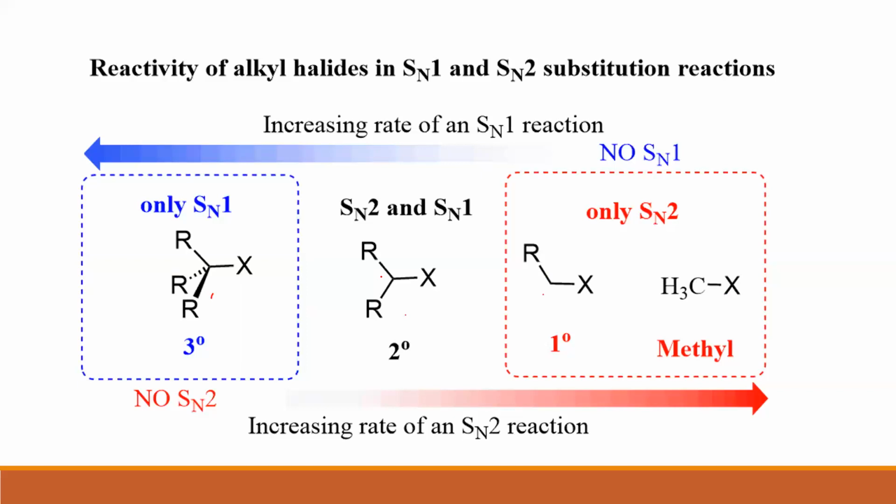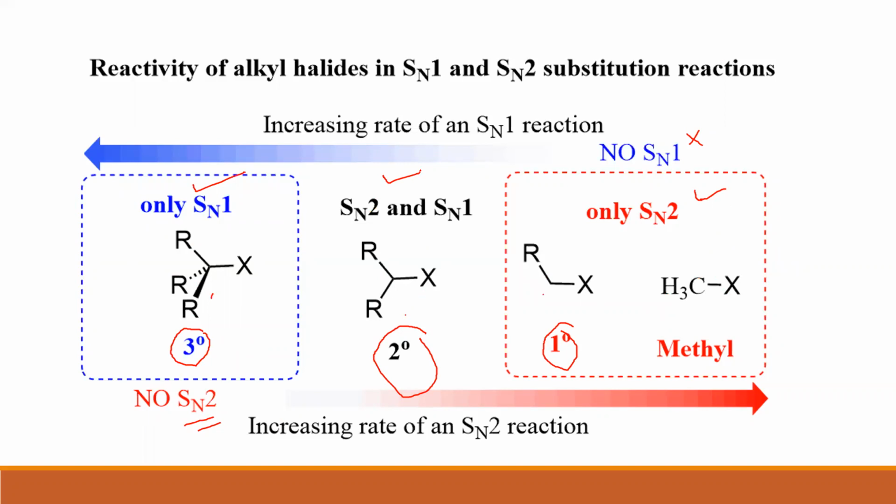It is pretty straightforward. If it is tertiary, it will only undergo SN1. It will not undergo SN2. If it is primary, it will only undergo SN2 and not SN1. Whereas if I look at secondary, something in the middle, it will undergo both SN2 and SN1.